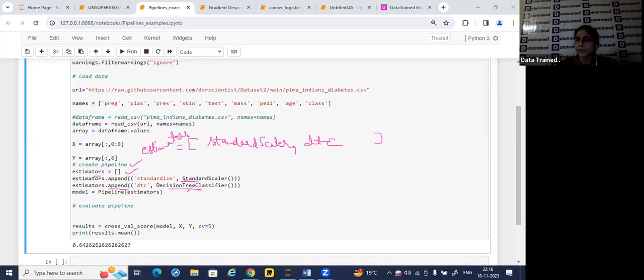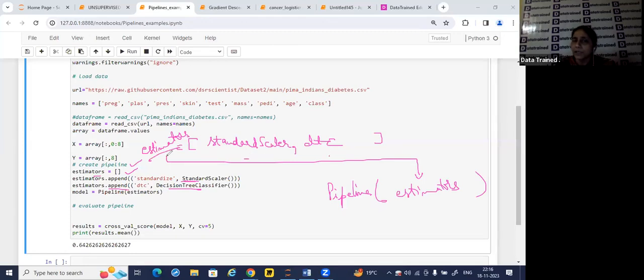Now I pass this particular list of work: do the standard scaler, then the decision tree. I pass this list inside the pipeline.